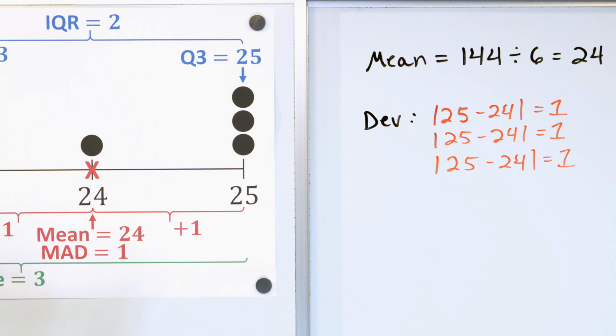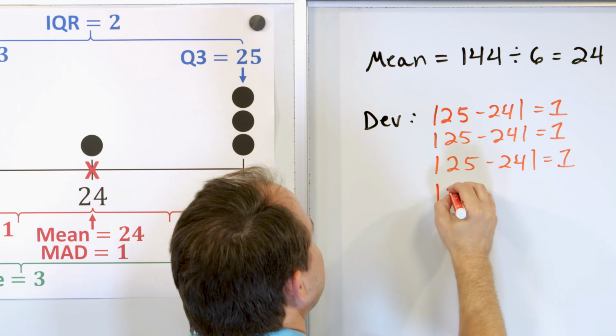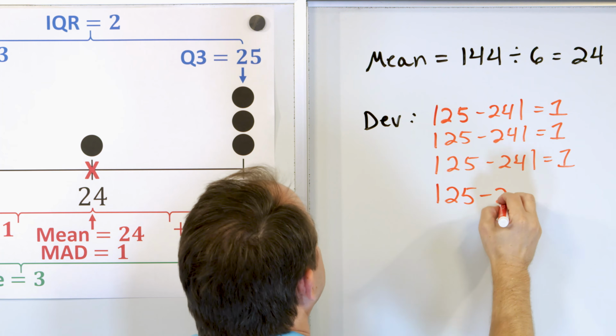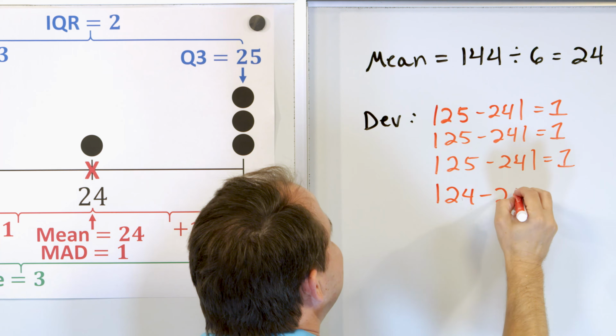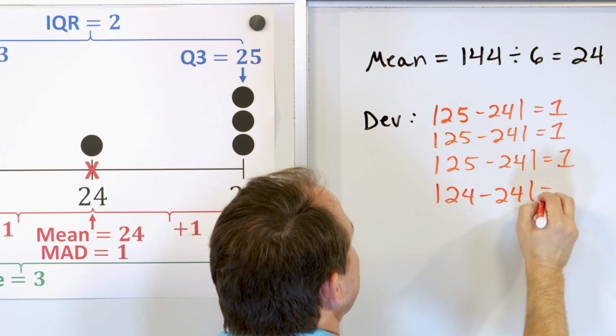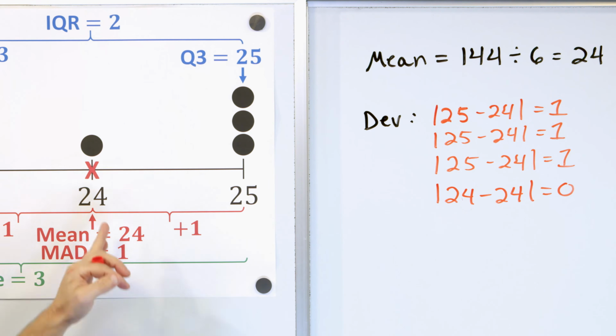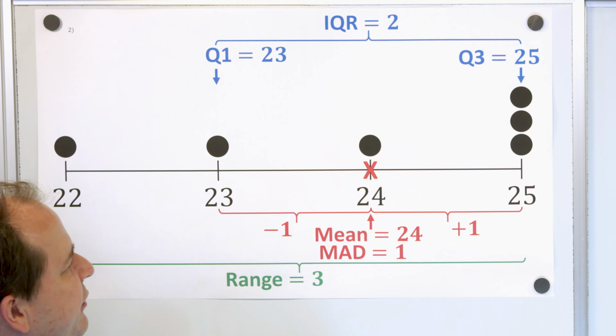So we get all 1s. Now we have this data point, 24, minus the mean, which is also 24, and you get a 0. Absolute value is 0. So this data point doesn't have any deviation from the mean.